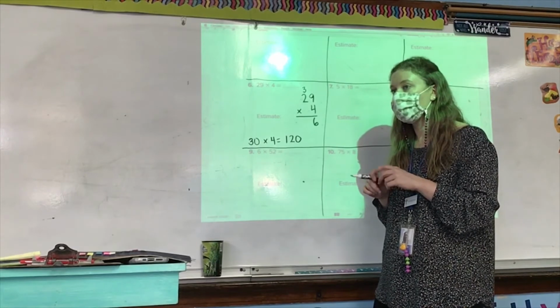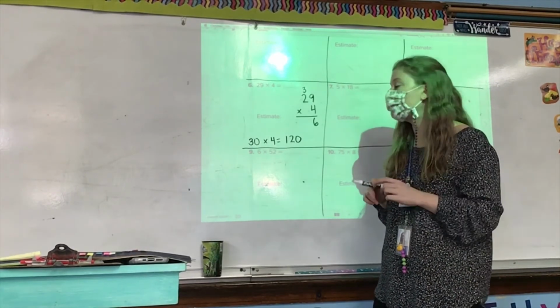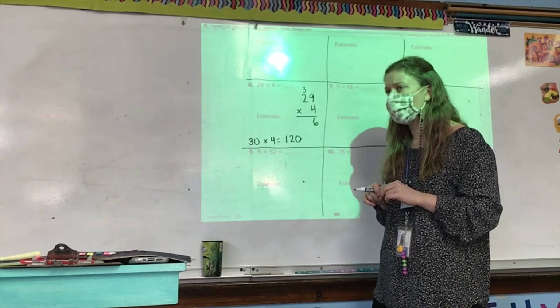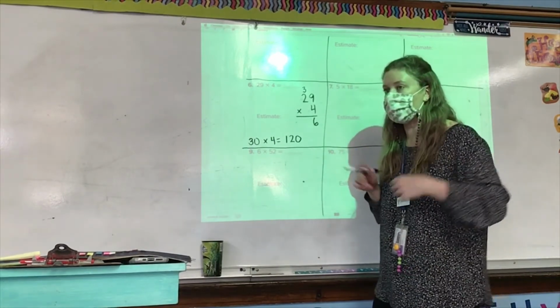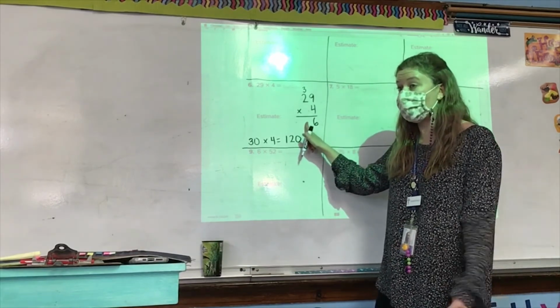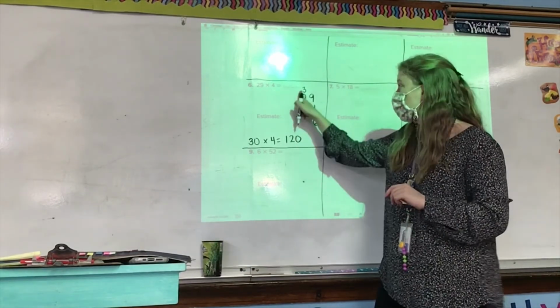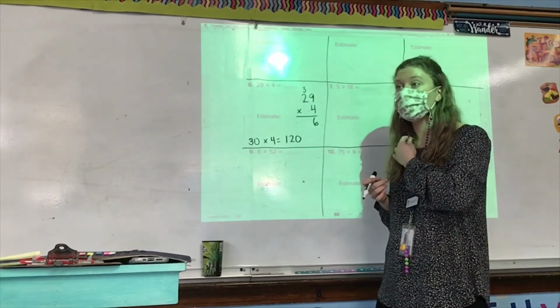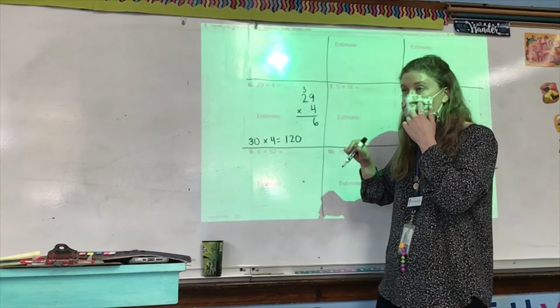Now we multiply the tens. We multiply the tens, which means what problem are we doing? 2 times 4. 4 times 2, which equals 8. But does 8 go here? No. No, because what do we have to do because of this regrouped number? We add, not multiply. Good. We add, not multiply, the regrouped number.